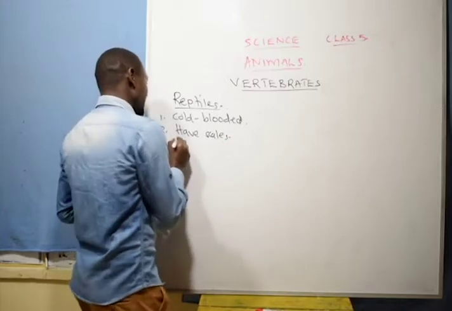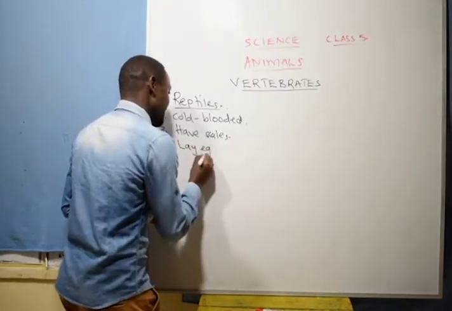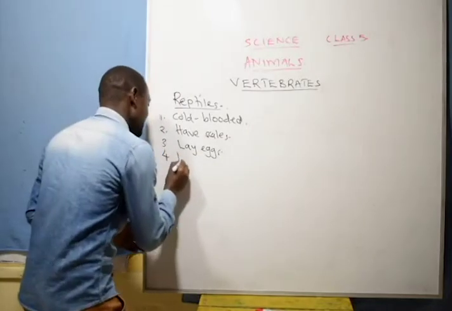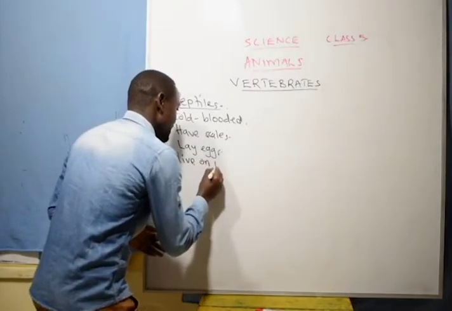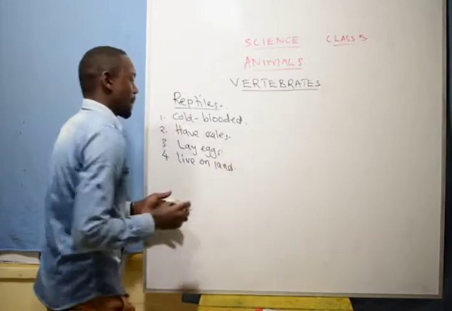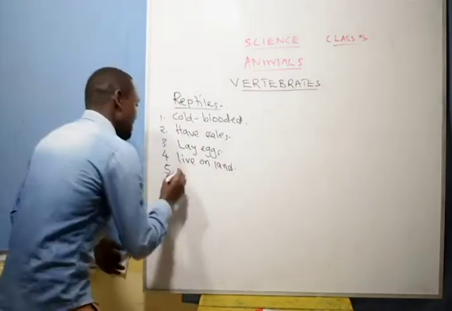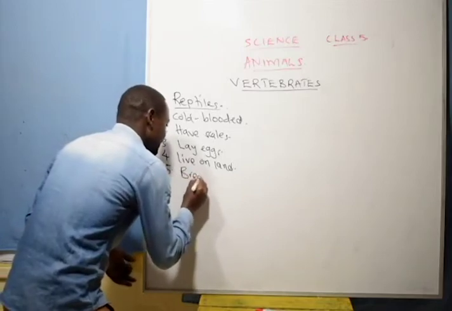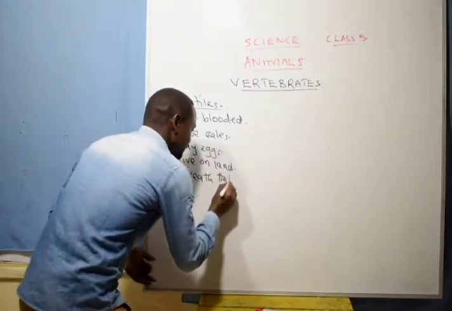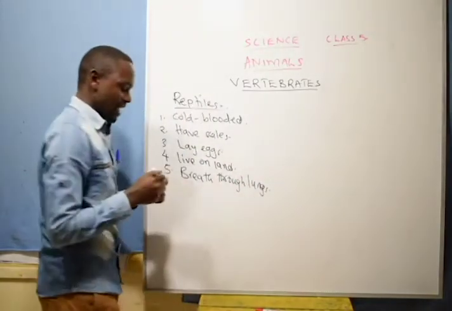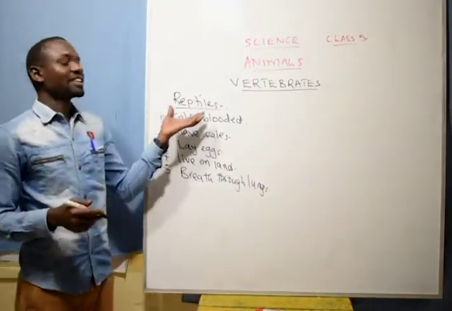Another thing is that they lay eggs. Reptiles, they live on land. And the last thing about reptiles is that they breathe through lungs. Those are the five main characteristics of reptiles.